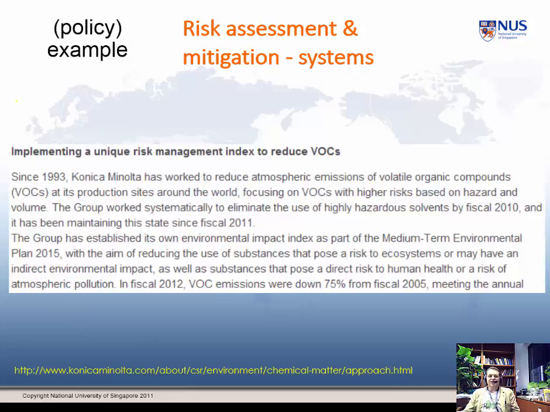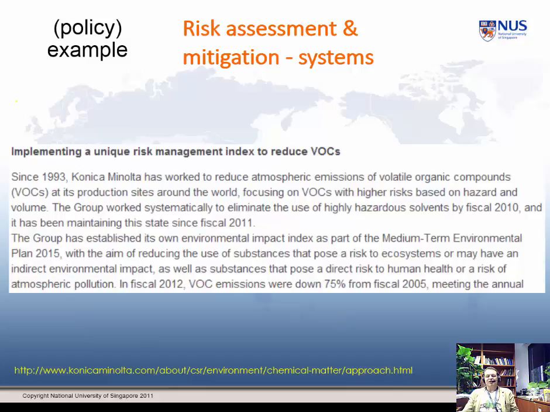And in financial year 2012, VOC emissions since 1993 were down. They started in 1993. Since 2005, so they've had 7 years, were down by 75%, which may or may not meet their plans. We'll have a look in a moment.